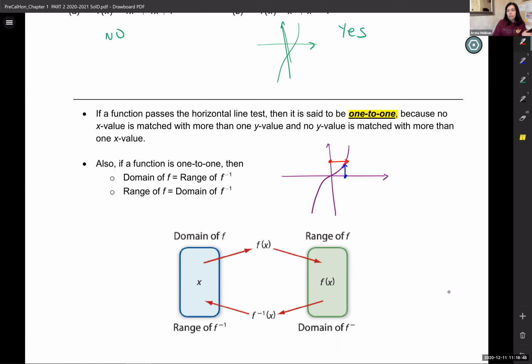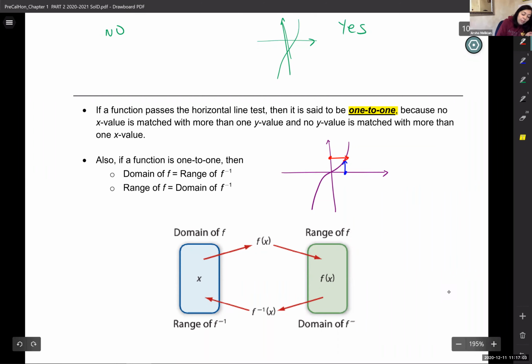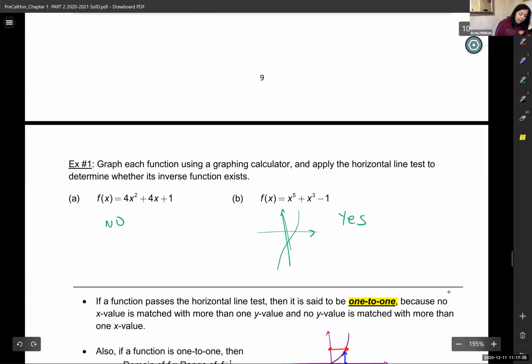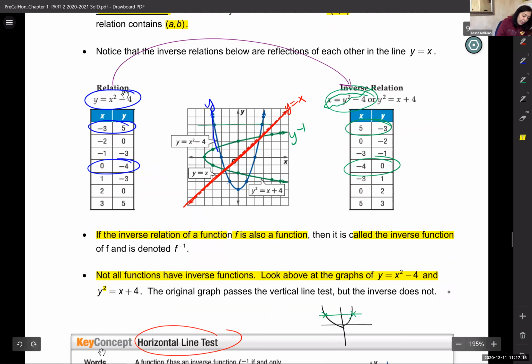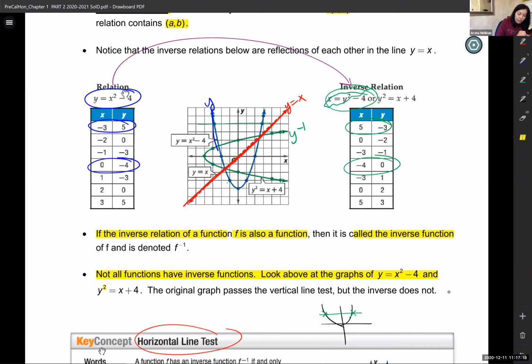Okay, now look. Don't dwell on this part too much. Just know that this concept exists. What is important moving forward to next year is this. Remember how we said in going from a relation to its inverse, the x and y coordinates are switched? So in this relation on the left-hand side, what's the domain?